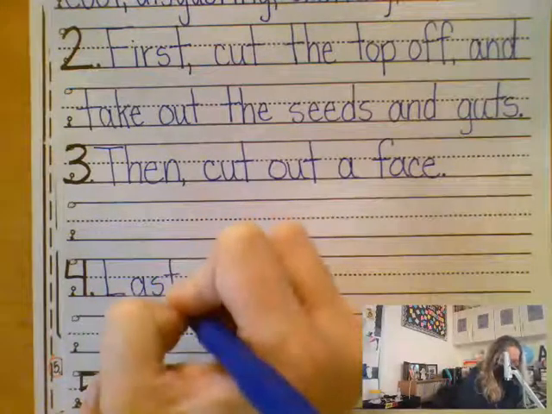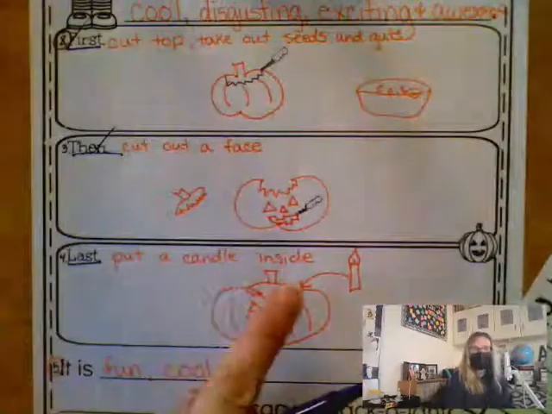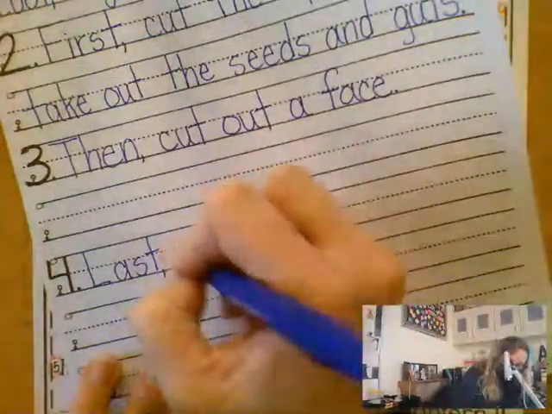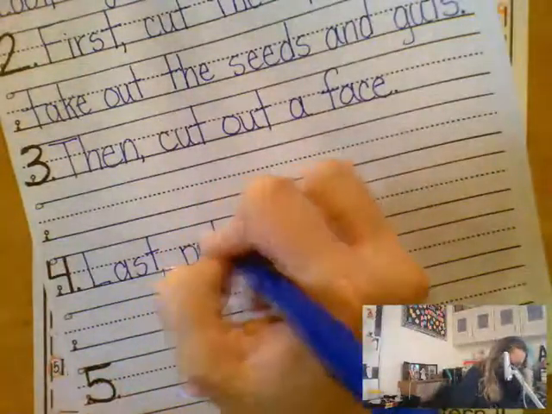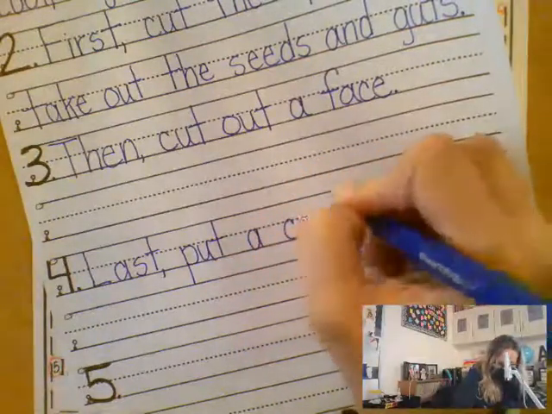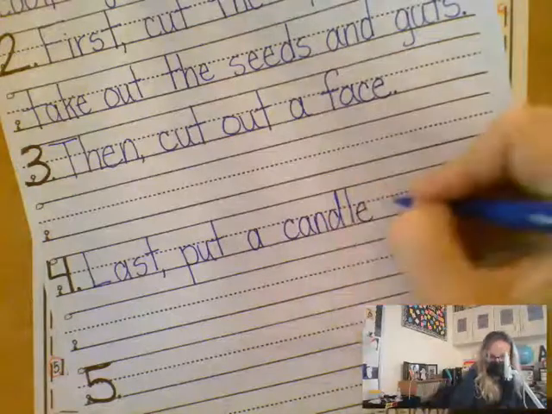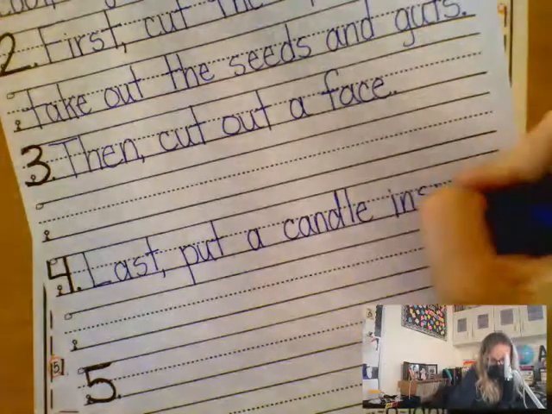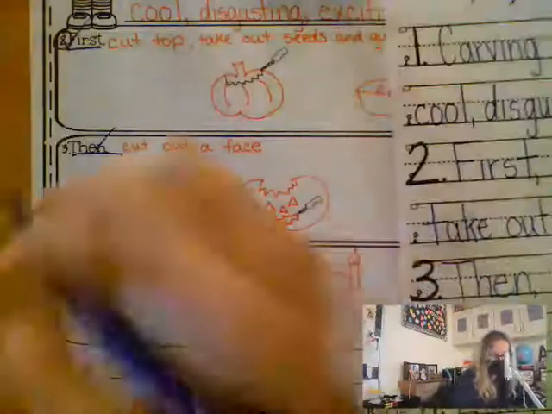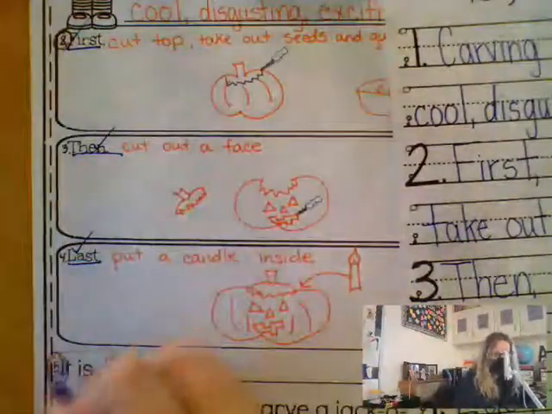And what did I say you do last? Put a candle inside. So last, put a candle inside. Now, I'm done with step 4. Last step is step 5.